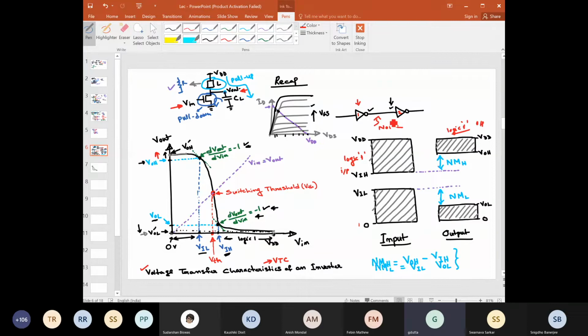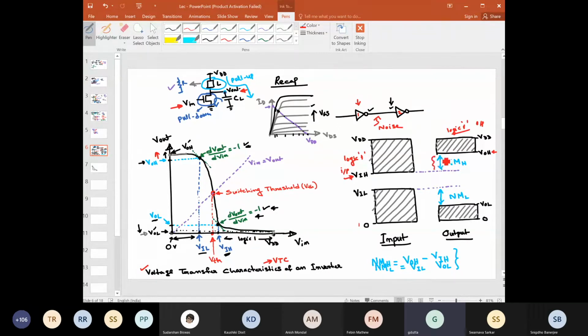So in this particular case, consider they are the same inverters connected back to back. So if there is some introduction of noise in this channel, then if you consider the worst case, that means the minimum output voltage of this as VOH, and the minimum voltage required for the input logic to be considered as 1 is this one.